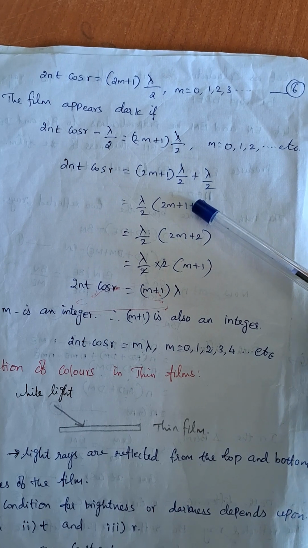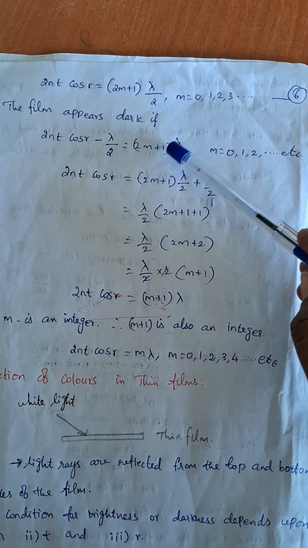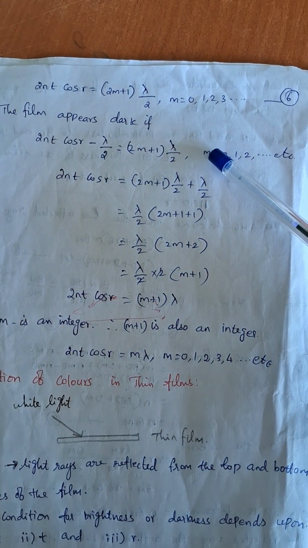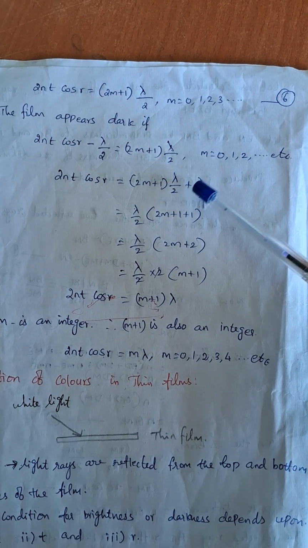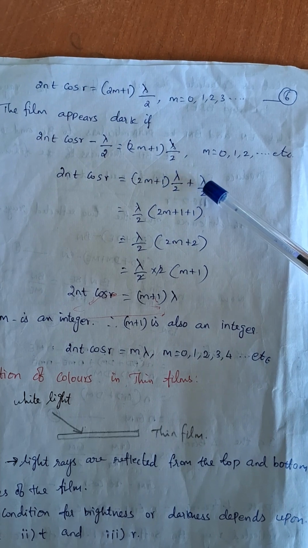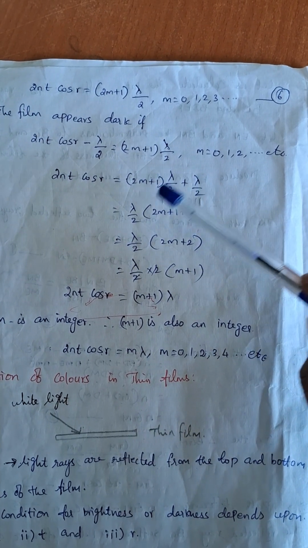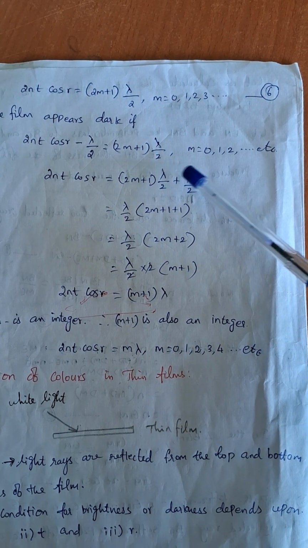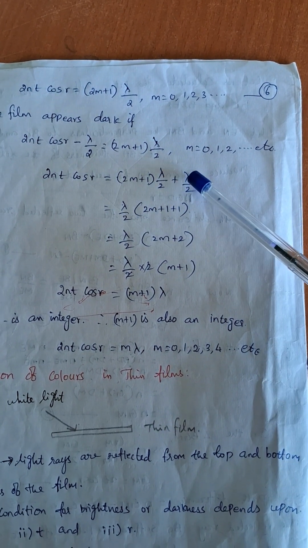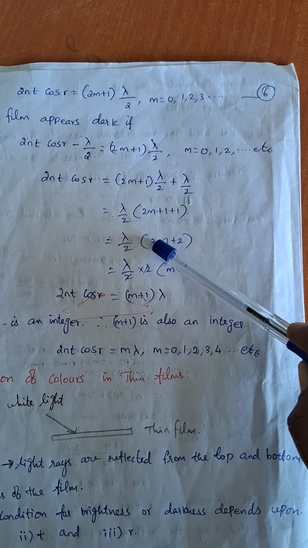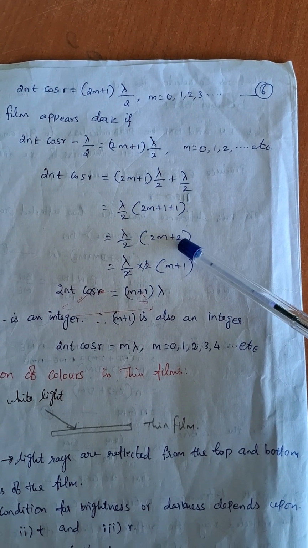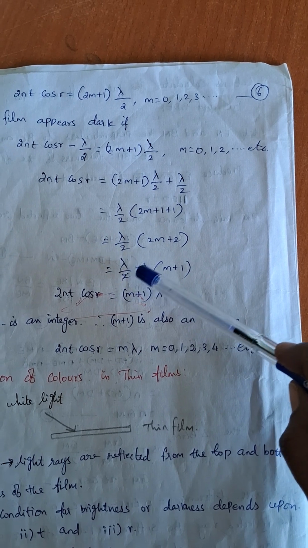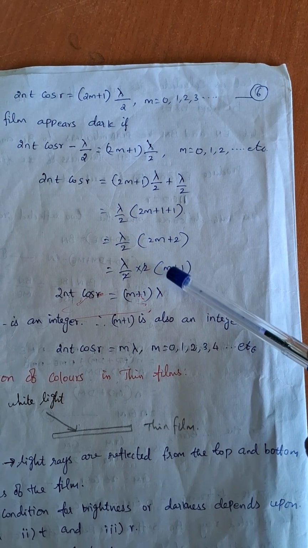If the film appears dark, the condition is (2m plus 1) into lambda by 2. So 2 mu t cos r minus lambda by 2 equals this; moving lambda by 2 to the other side it becomes plus lambda by 2. Taking lambda by 2 common to both terms, we get lambda by 2 into (2m plus 1 plus 1), which is lambda by 2 into 2 (m plus 1).